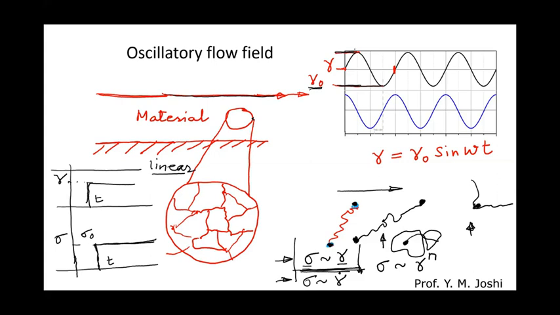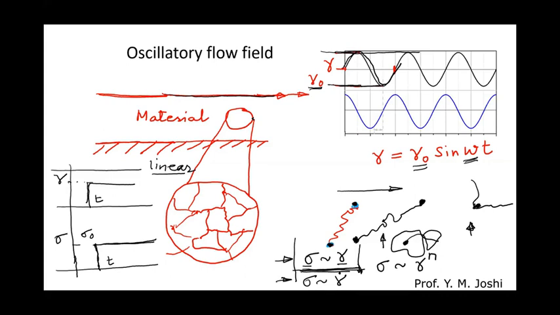All right. So there are two aspects which are input as far as this flow field is concerned. One is of course the magnitude of strain, and second is the frequency of oscillation. Now the frequency of oscillation is this omega. So magnitude of strain and frequency of oscillation are essentially the two inputs.